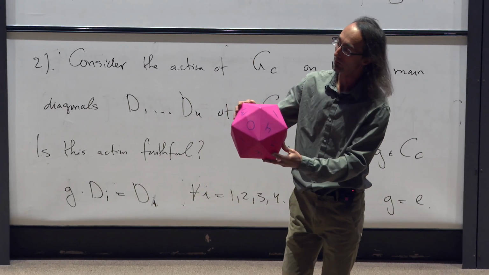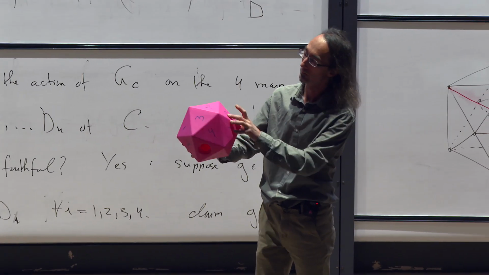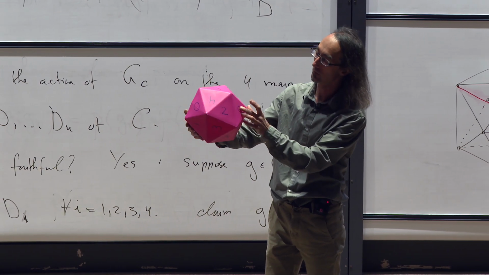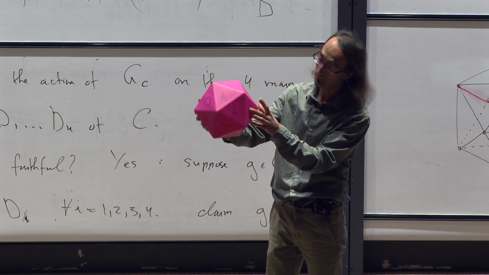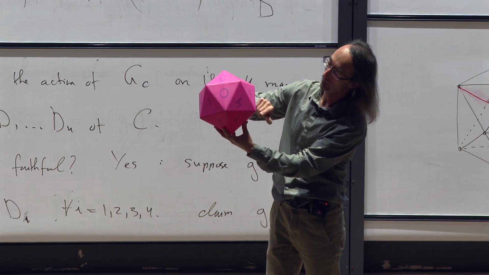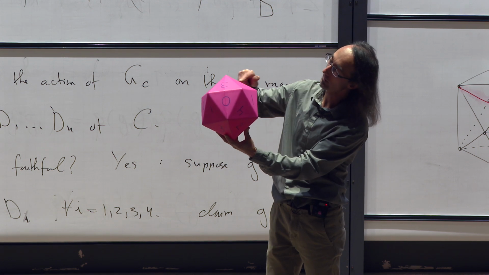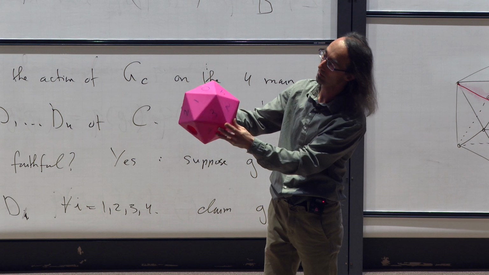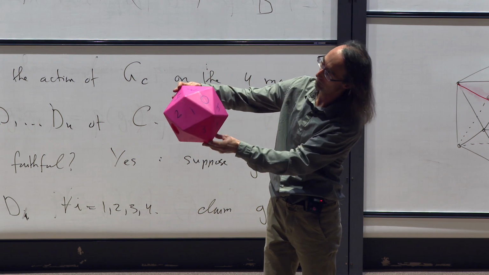So what you can do is label the faces by numbers from 0 to 4, so with 5 colors, such that the faces of the same color are at distance 3 from each other. It's the way I have drawn it here.